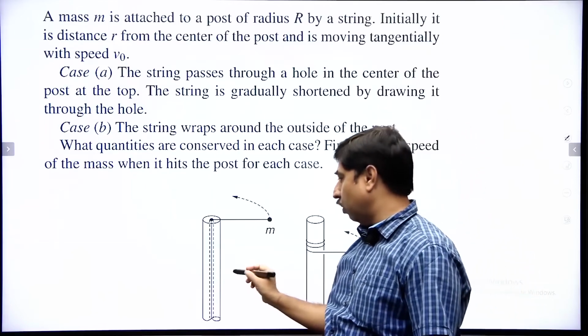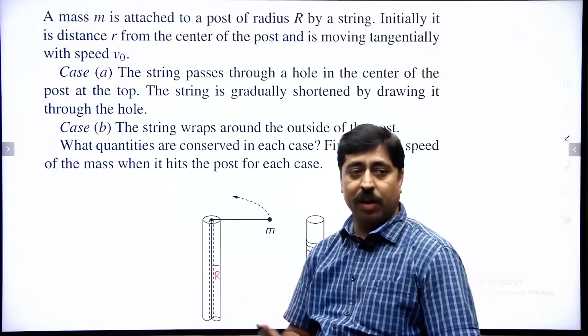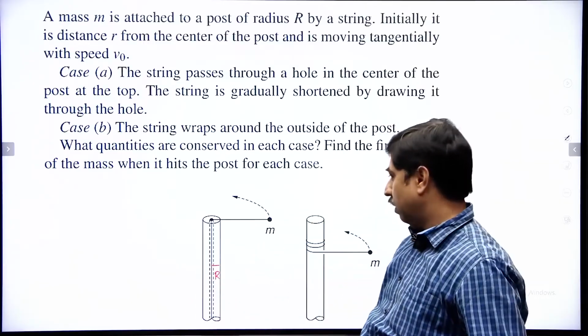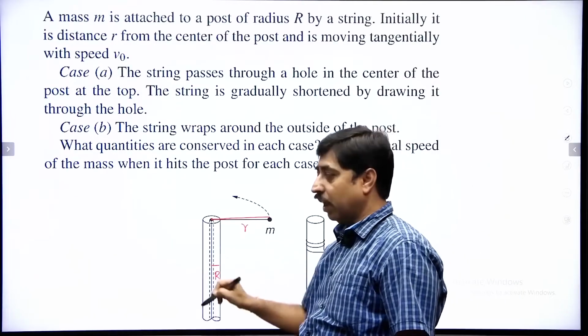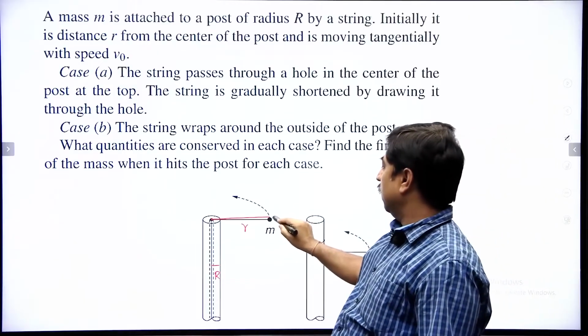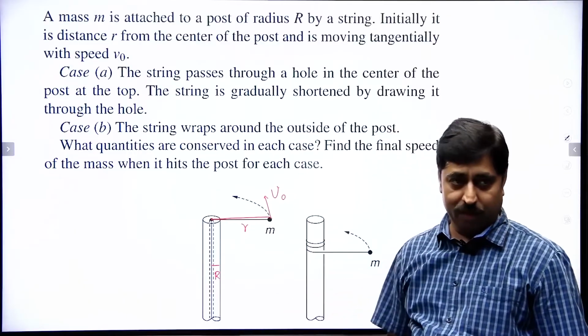Now students, please take note. This radius is capital R. This is a cylindrical pipe kind of thing and the radius of that pipe is capital R. And this mass is initially at a distance of small r from this central axis, right? And at a particular instant, this mass is having a tangential speed of v naught. This is what the question says.